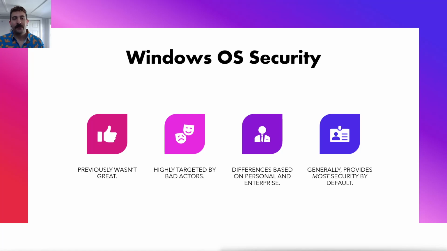But the key thing to understand is that Windows OSs are still 70% of the global operating systems as of 2022, so they're a massive target. This is a huge target for any bad actors that want to even just start up with hacking in the first place.